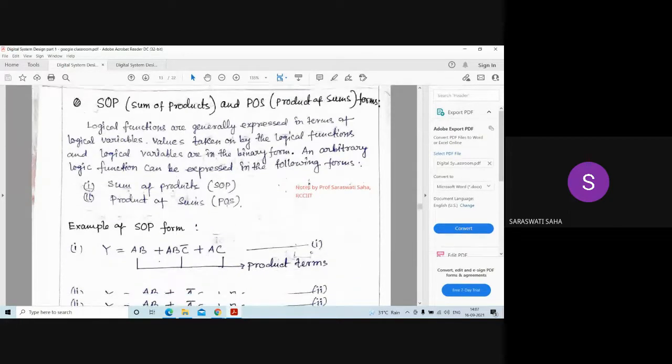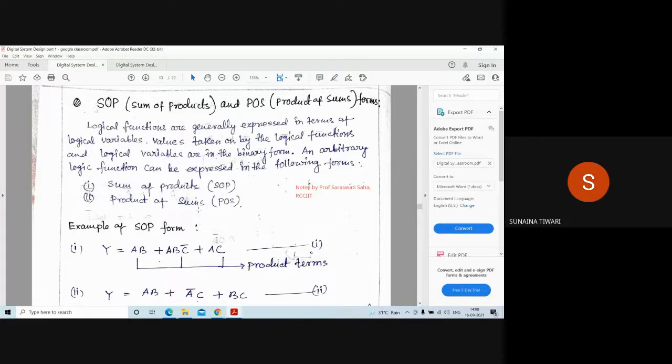Now, sum of product and product of sum form of the output expression. So how can we express the output of a digital circuit? Ma'am, that low and low, can you explain once again? Okay. When both are low, in an XOR gate, what will be the output?